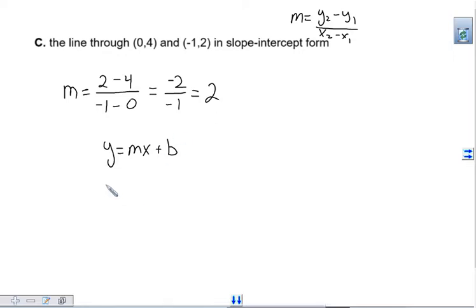So I can put that in my equation. So y equals 2x plus b. Now, do we have our b? Do we have our y-intercept?